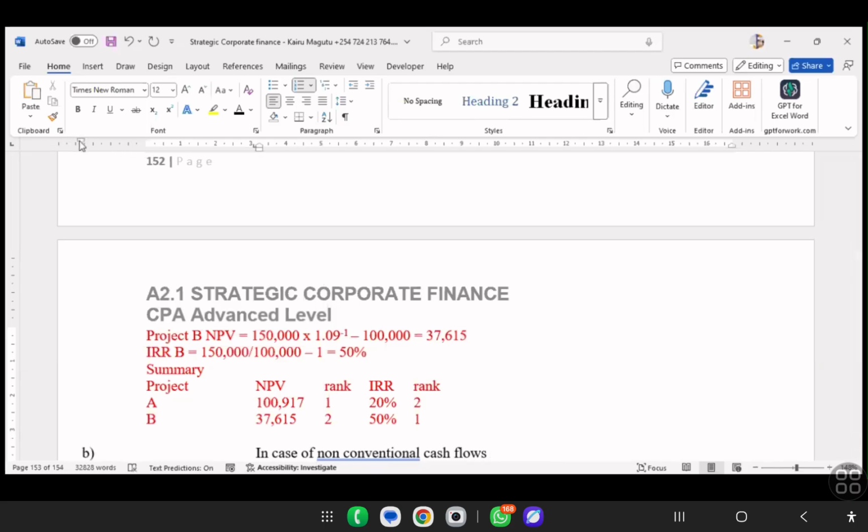That is the question that we need to respond to. When do we say that cash flows are conventional, and when do we say that they are non-conventional?